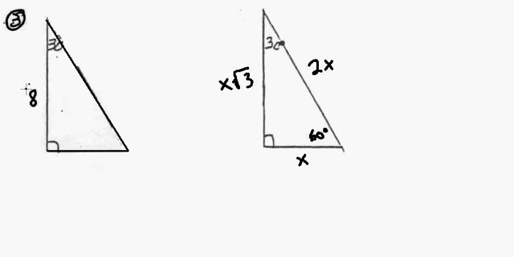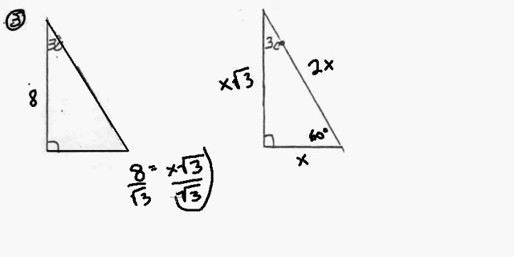So here, on problem number 3, I have the long side equal to 8. If we set this up as an equation, we would go 8 is equal to x times the square root of 3. To solve for x, I would divide both sides by the square root of 3. Something divided by itself is 1.